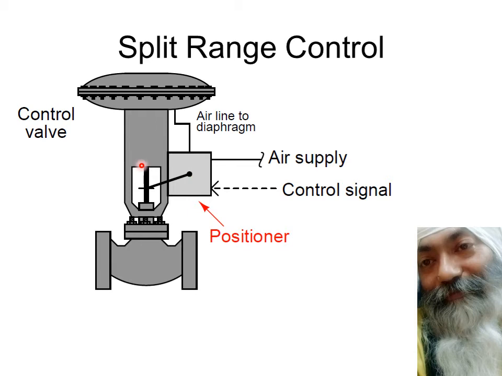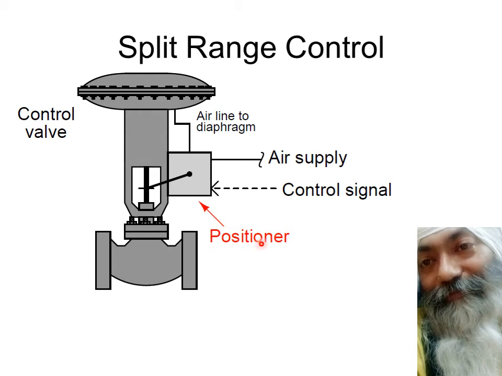If for some reason the valve is stuck, it's not opening, it will actually increase the air pressure to open it further till it reaches the final position. That's why it is called valve positioner, hence the name.